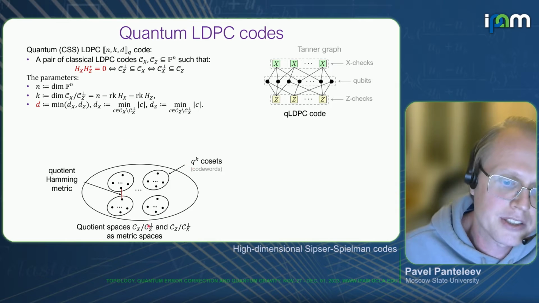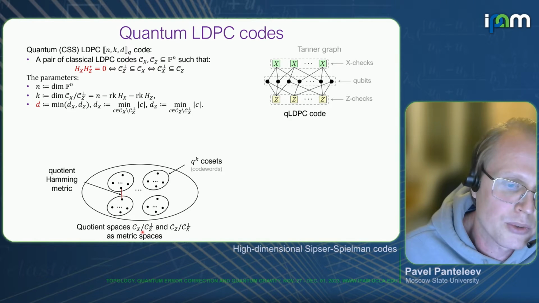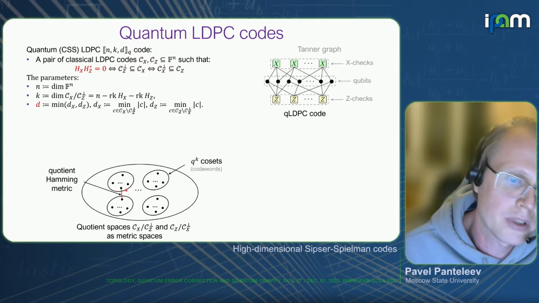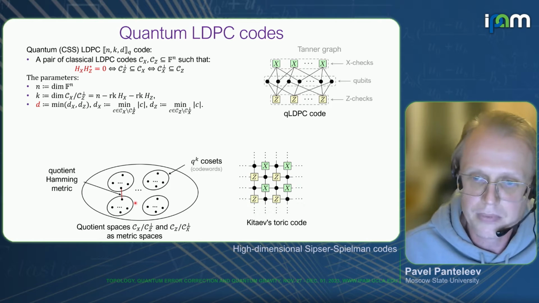The best way, in my view, to look at a CSS code is just to view it as a quotient code. And in this quotient code, we have a group of bit strings, and the minimum distance of this code is just the minimum distance between different groups of bit strings.